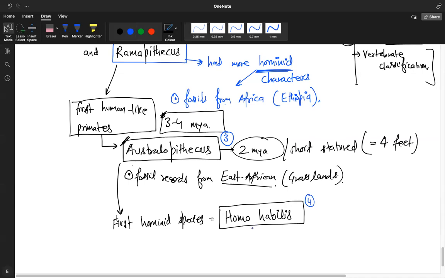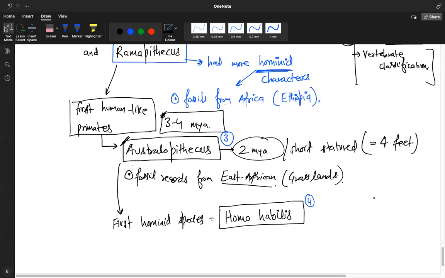Because to hunt, you need some skill, specialization. And their brains were comparatively bigger than Dramapithecus and Australopithecus, but still smaller than what we have today. So they were around 700 to 800 cc. You know what is cc? Cubic centimeter.